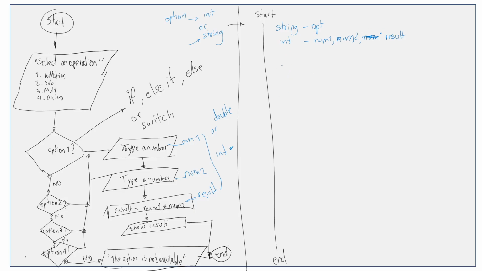So now we have to print. Here I will do it fast. 1 plus, 2 subtraction, 3 multiplication, 4 division, and this will be our string. Then we're gonna save the option. We're gonna read user data.